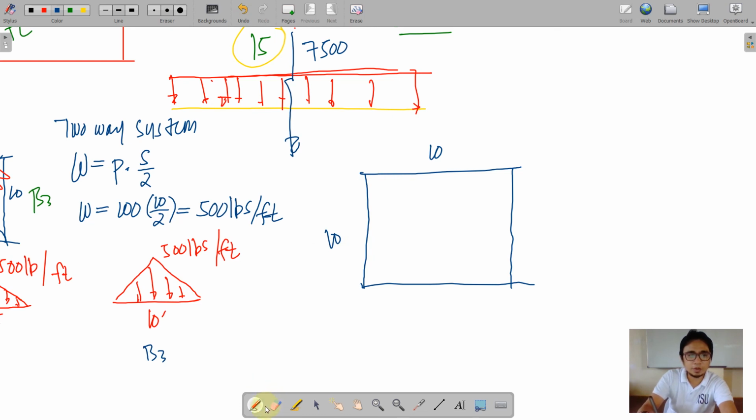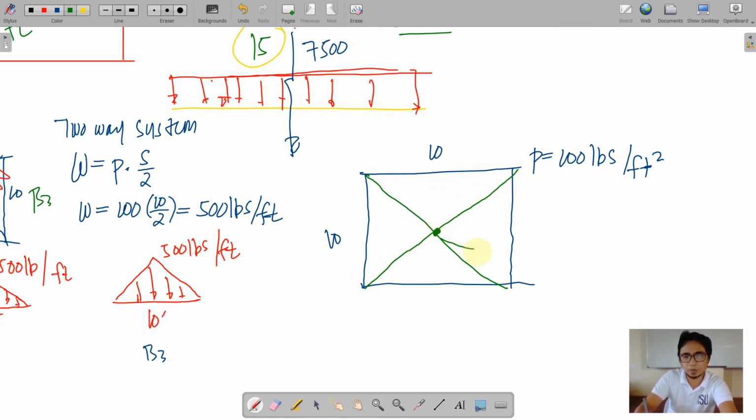So again, if our floor load or the pressure is equal to 100 pounds per square foot, so the shortcut version, again, if we are going to have here a 45 degrees triangle, it will have to intersect at one common point because we have an equal dimensions. Okay, it will just intersect at one common point.